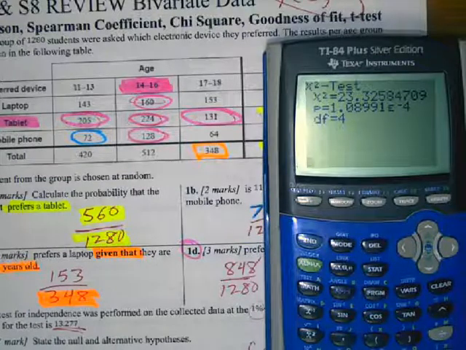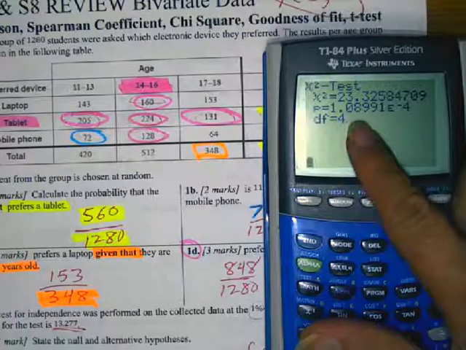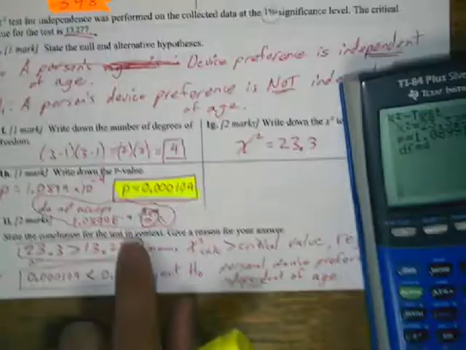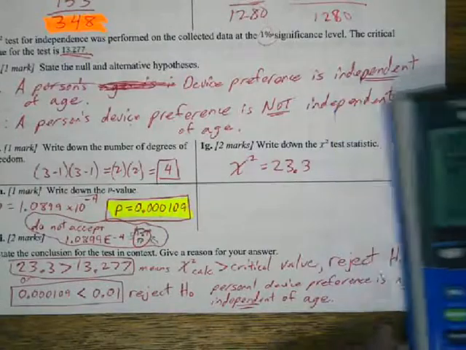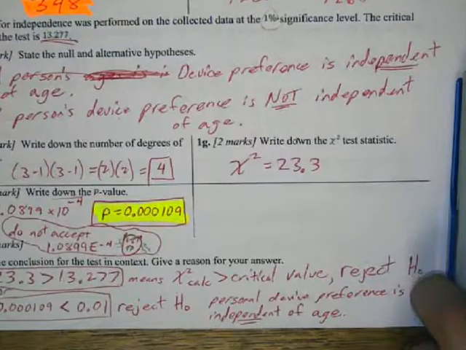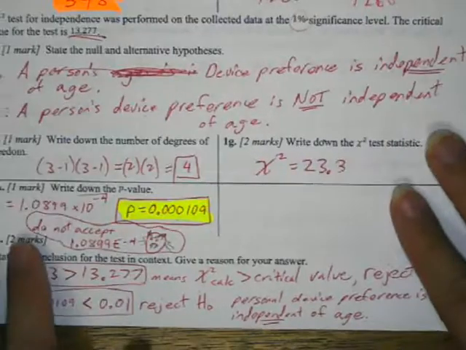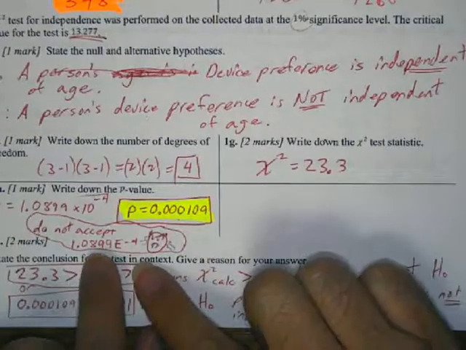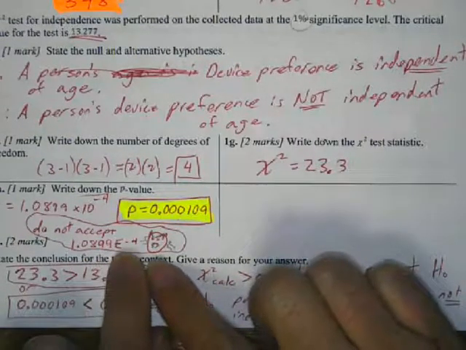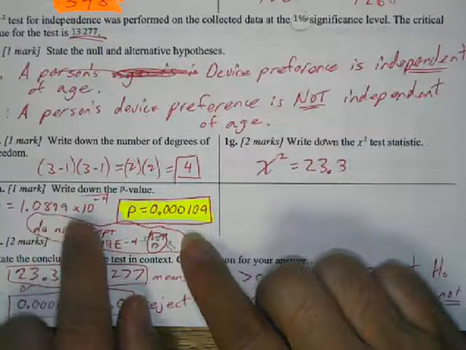Now, I'm warning you, if you write in 1.08 e to the negative 4, I'm not going to give you any credit. So here are those answers. 1.0899 e to the negative 4 means 1.0899 times 10 to the negative 4.